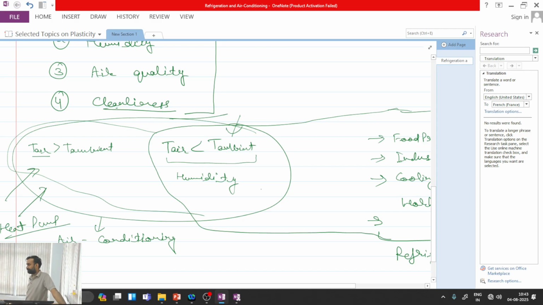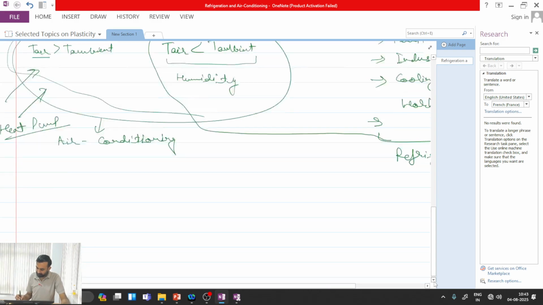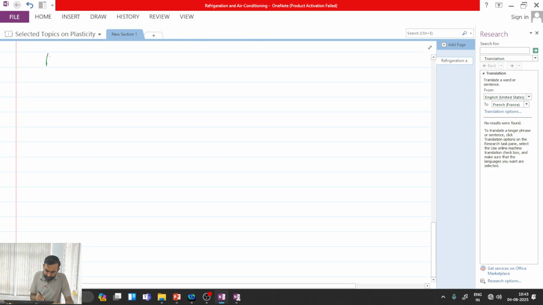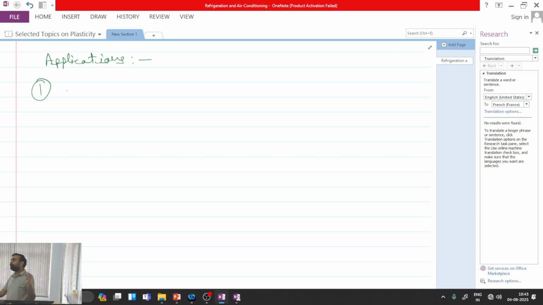Is this point clear? Now, if I ask you to categorize what could be the applications of refrigeration and air conditioning, of course, I have given you some idea, but to make a proper categorization, the very first application we have seen is air conditioning. But the air conditioning I have introduced to you was only a big emphasis for human comfort.